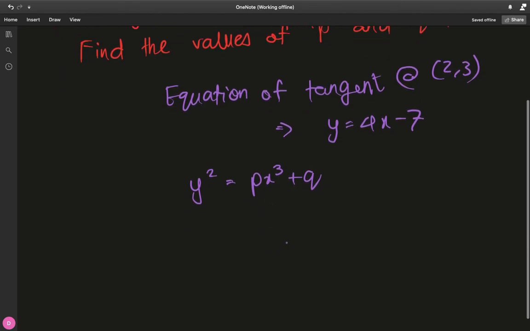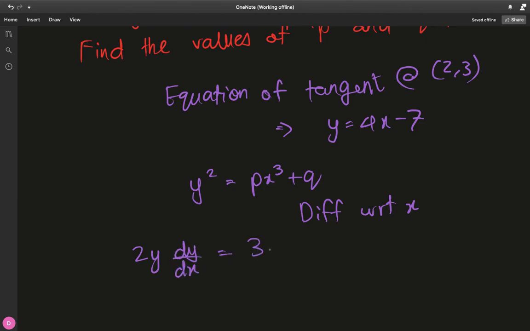So to find the slope of the tangent line to be precise, let's differentiate with respect to x. So we have 2y times dy over dx equals 3px squared.